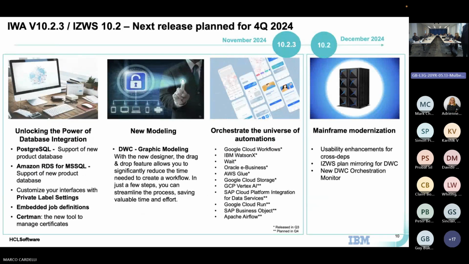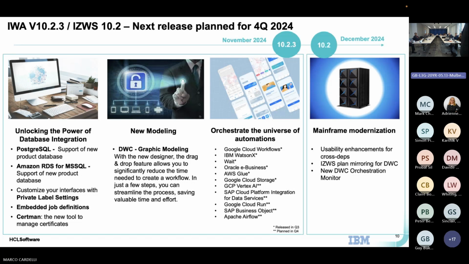So in particular here, you see the contents of the new release on distributed and on Z. Okay, so PostgreSQL support. We are also supporting Amazon RDS for MS SQL, so new databases available. We did some enhancements on the private label settings, so the possibility to define your organization logo in the UI and customize it with your name.